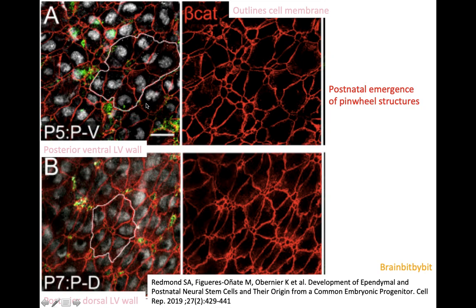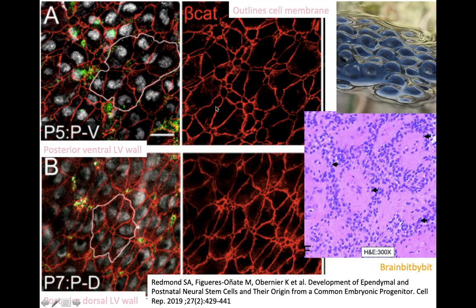These are postnatal images, P5 and P7 being different time points postnatal. You can see the radial organization of the ependymal cells in this staining, the red one where the cell membrane has been outlined, and all the ependymal cells have this pinwheel arrangement, which resembles a little bit the pseudorosettes of the ependymoma.